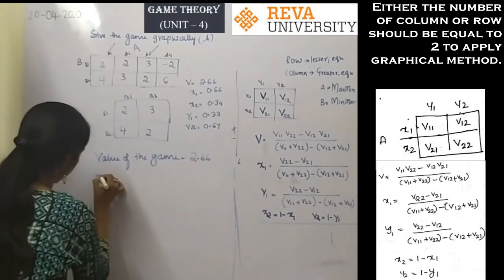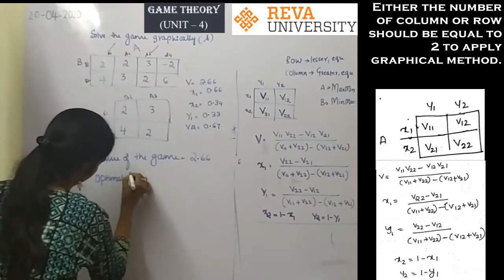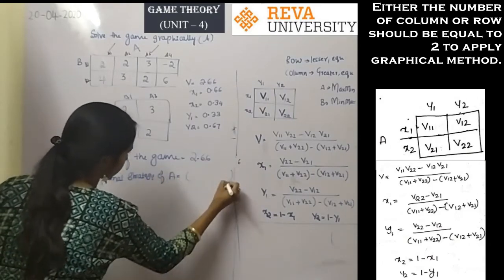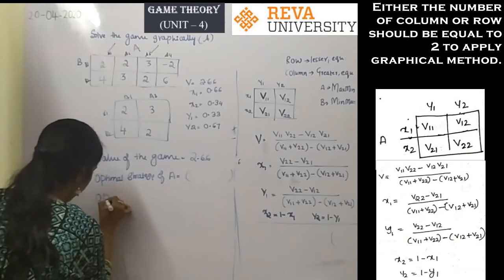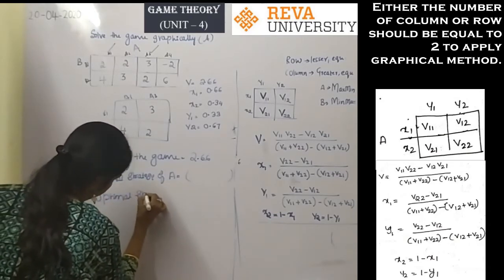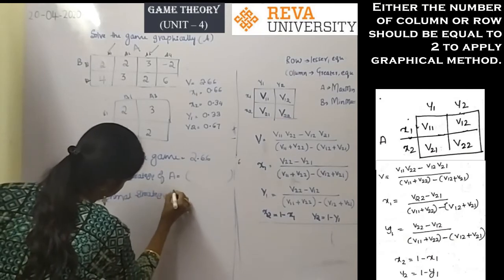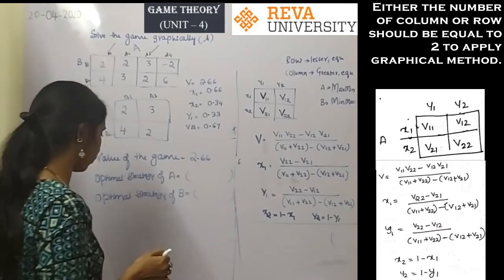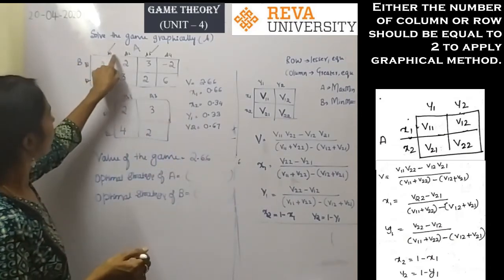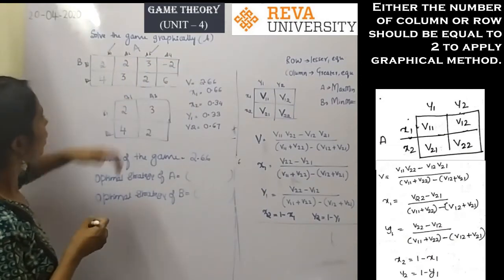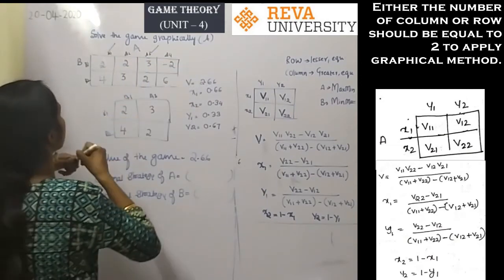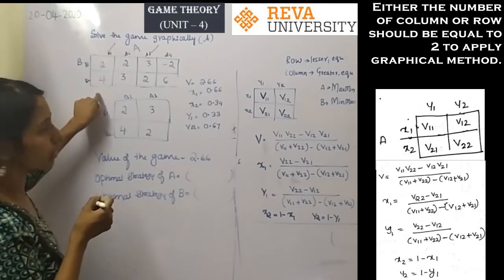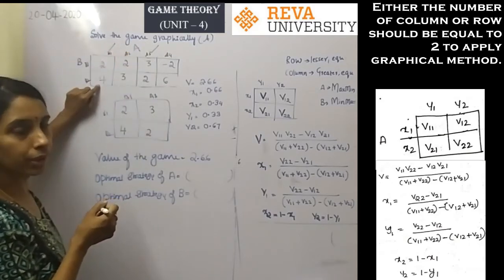Write the optimal strategy of A, and then the optimal strategy of B. What is the optimal strategy of A? A has here 1, 2, 3, 4 strategies. You have considered the first and the third.